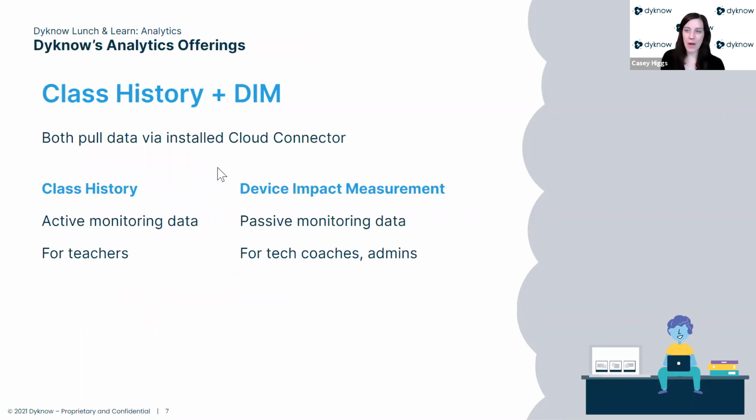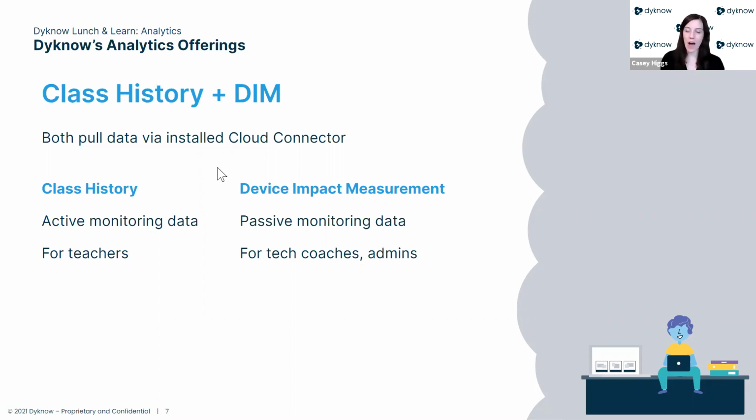And Kira mentioned this a bit as well in the introduction, but with Dyknow, student device usage data shows up in a few different places. And today we're going to talk specifically about these two. So first and foremost, we've got the active monitoring data. This is all the data that was tracked during an active monitoring session, and it appears in the class history section for teachers, although tech coaches and administrators can access class history data as well.